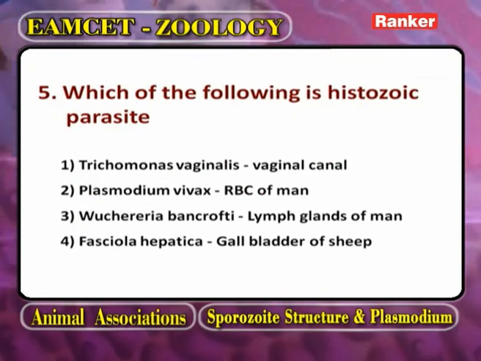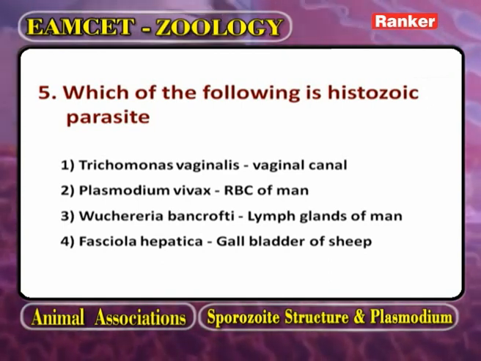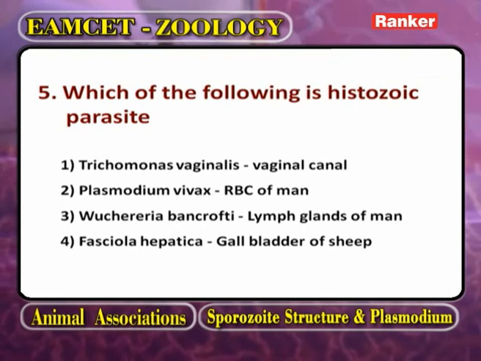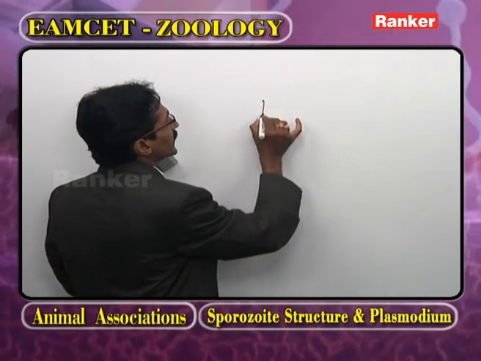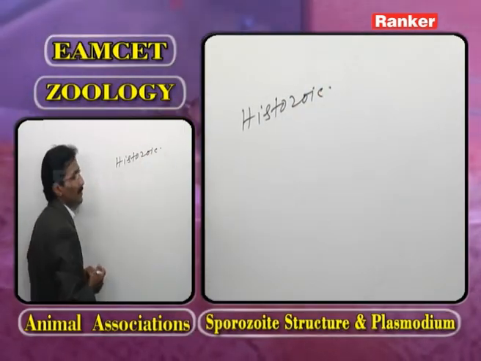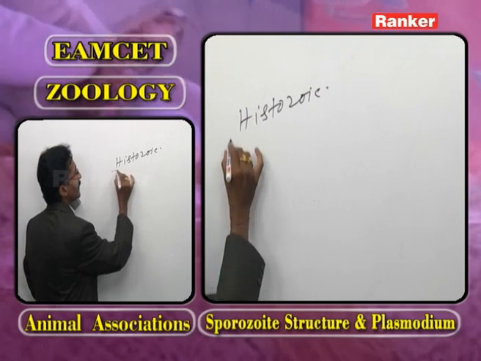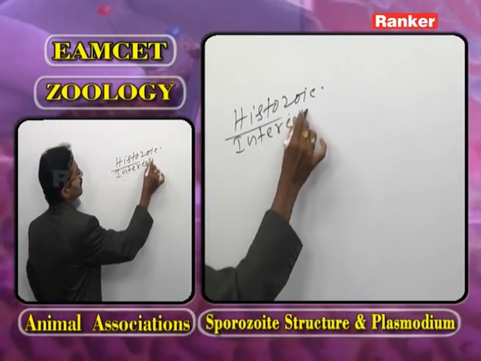Which of the following is a histozoic parasite? Now, as we observe the types of parasites, among endoparasites one category we call histozoic. What is meant by histozoic parasite? It is also called intercellular or extracellular.